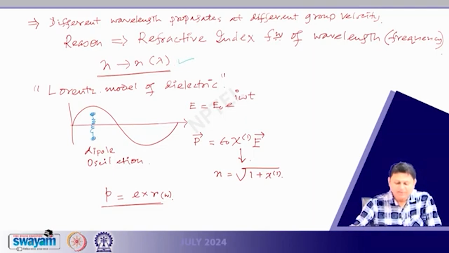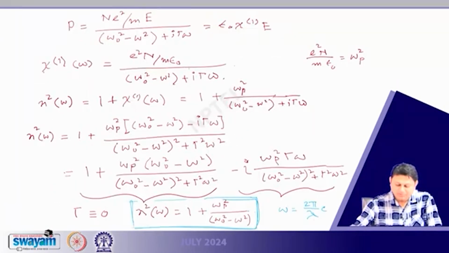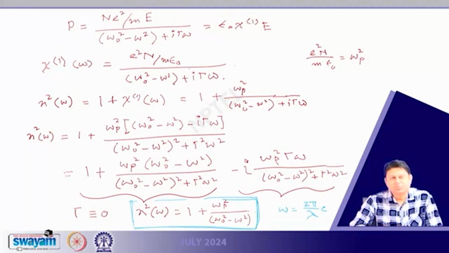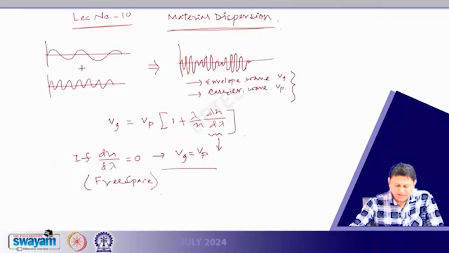So we have an expression here, and in the next class maybe we are going to discuss how, exploiting this expression, we get the nature of refractive index, how it varies with respect to lambda, and then find the value dn d lambda, because in the group velocity equation we had this term dn d lambda.